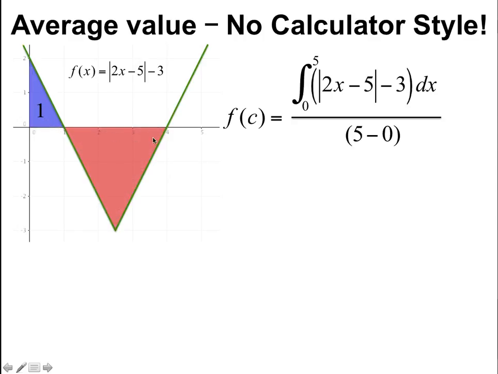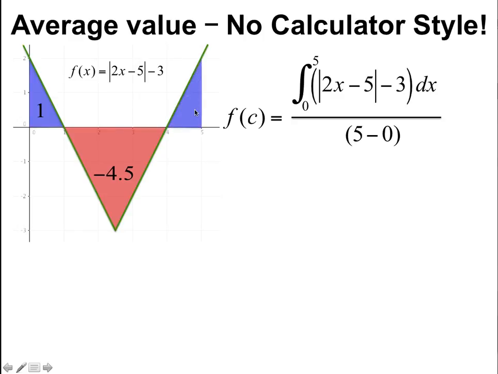And then this region, notice I'm capturing it between the function and the horizontal axis. That's the definition of a definite integral. It's also a triangle with a base of 3 and a height of 3. So 3 times 3 is 9, times a half is 4.5. This is down in the negative y's, so the value of this definite integral is negative 4.5.